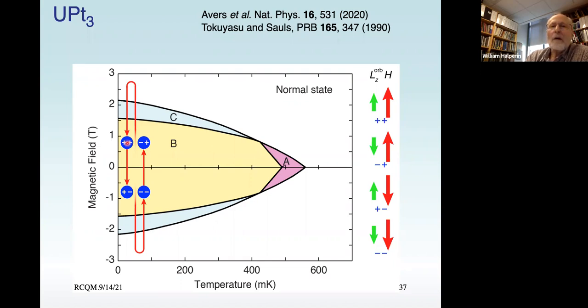But that's not all. According to the suggestions in these calculations that have been made by Tokuyasu and Sauls, why don't you just decrease the magnetic field? The chiral axis is fixed. It can't change. It costs condensation energy to switch the chiral axis, so that's going to stay fixed.